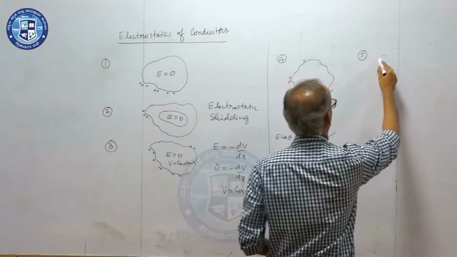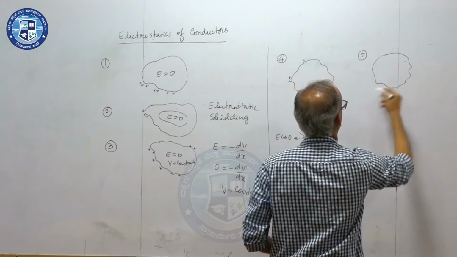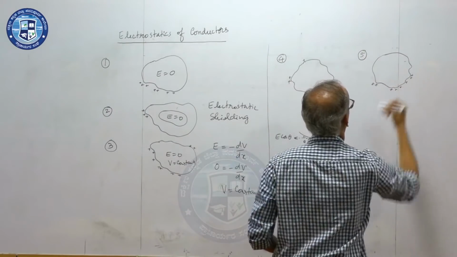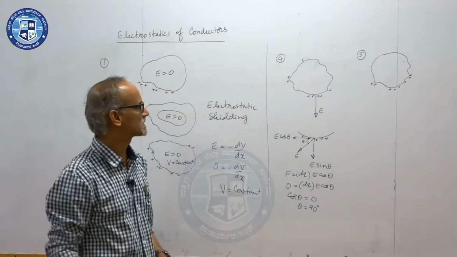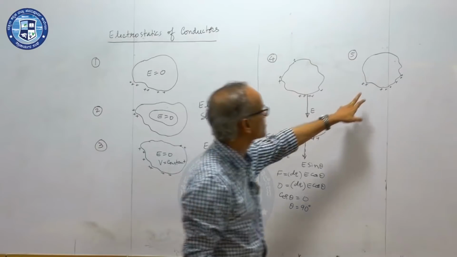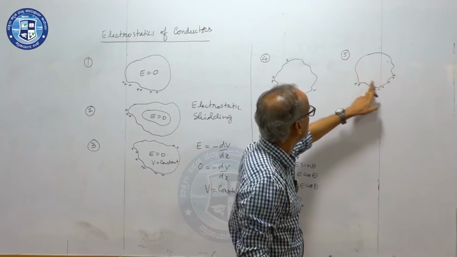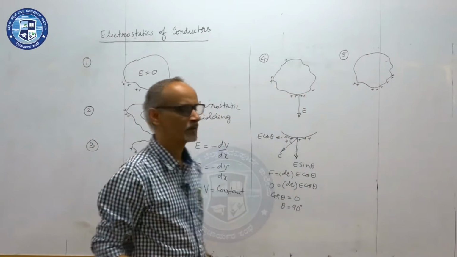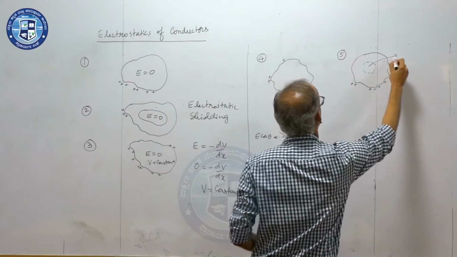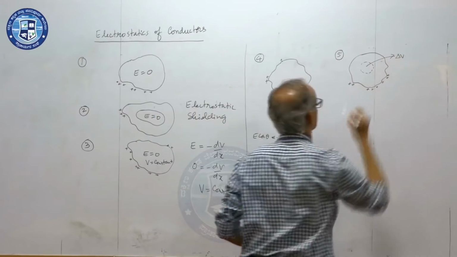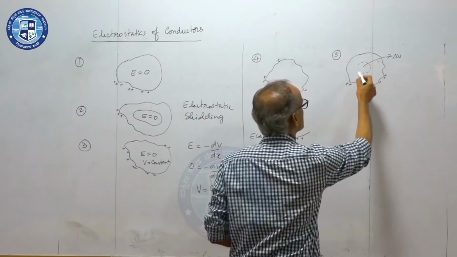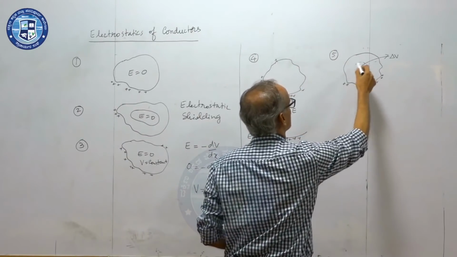If we take a charged conductor, the excess of charges always reside over the surface of the conductor, and no charges will remain inside the conductor. That can be proved even by taking a small volume element delta V. What is the electric field inside this volume element?